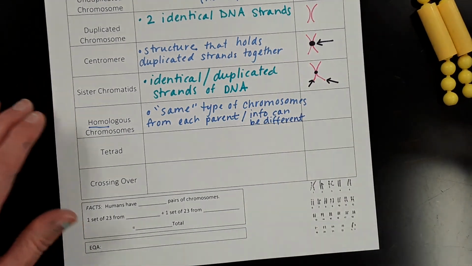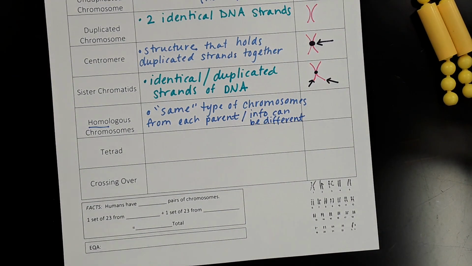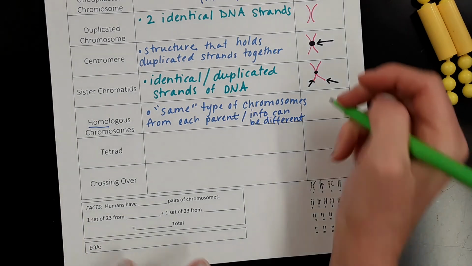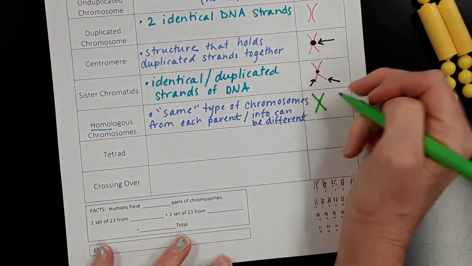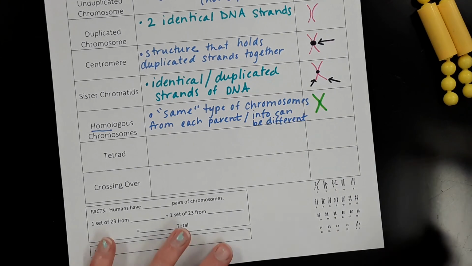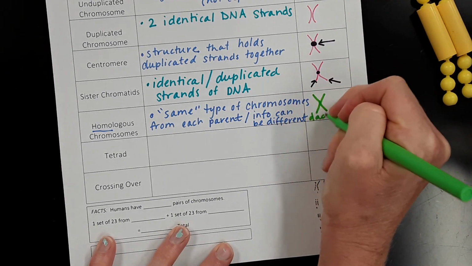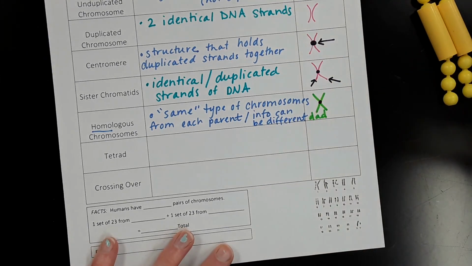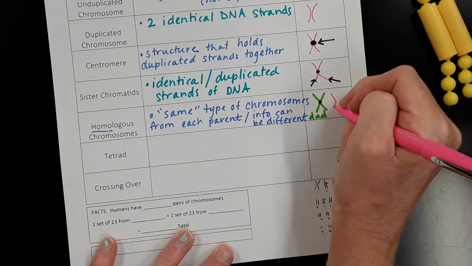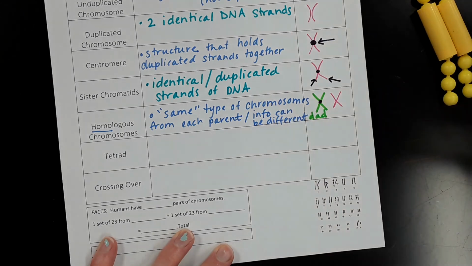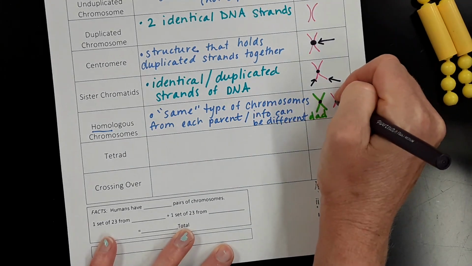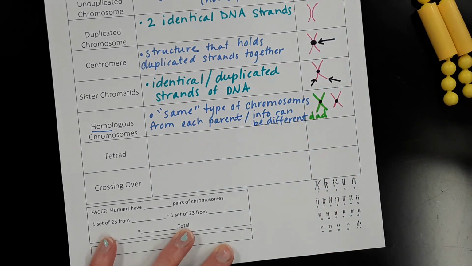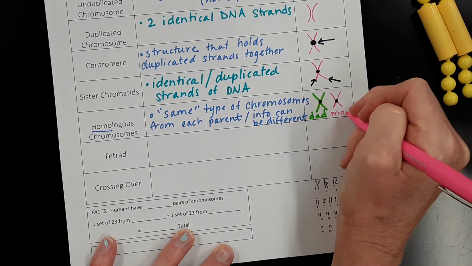So here I might have the information from your dad. So here we've got a chromosome from your dad. There's the centromere holding the copies of that together. And then you're going to inherit genetic information from mom as well. And so these chromosomes are considered to be homologous. They're the same size and shape.